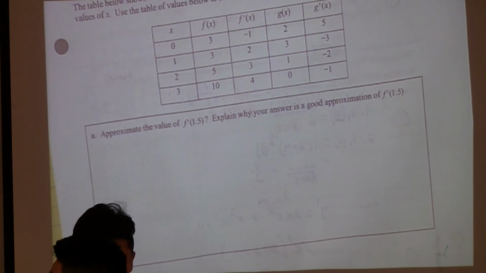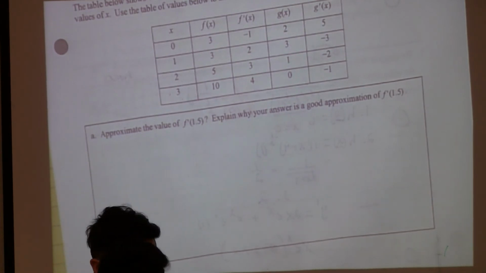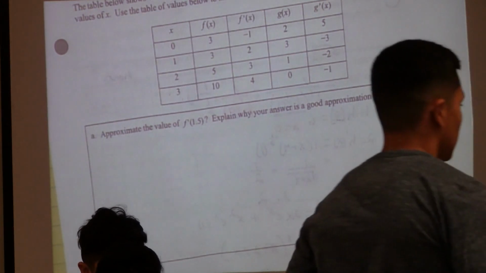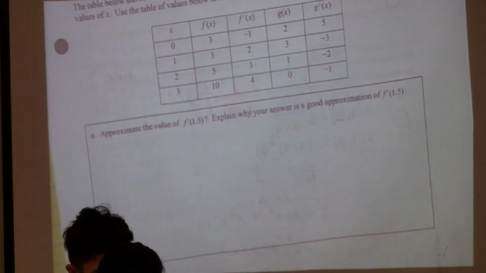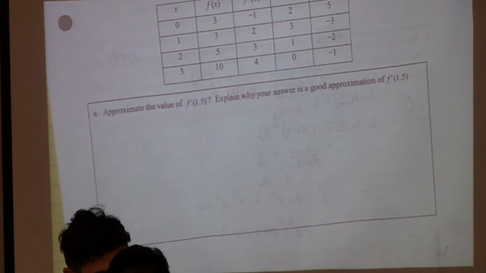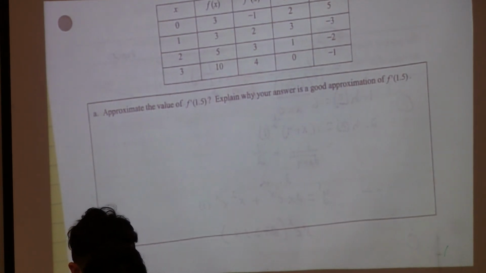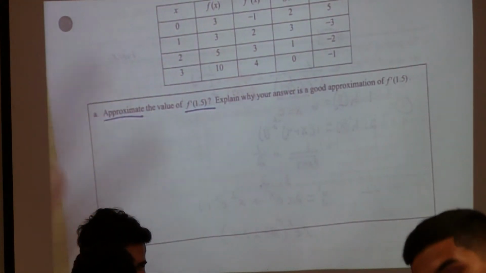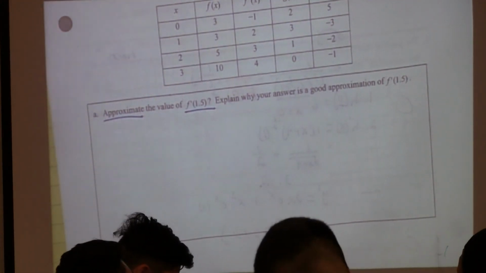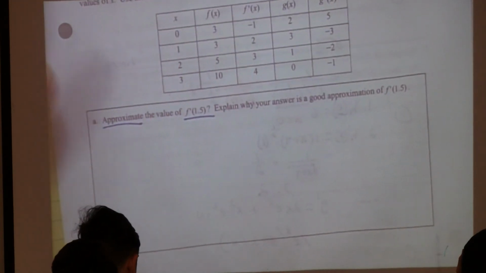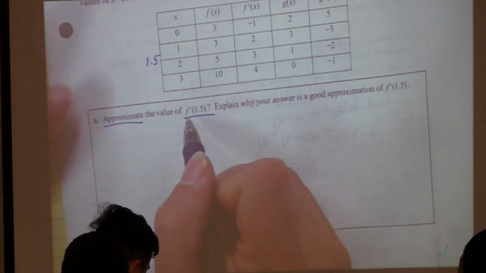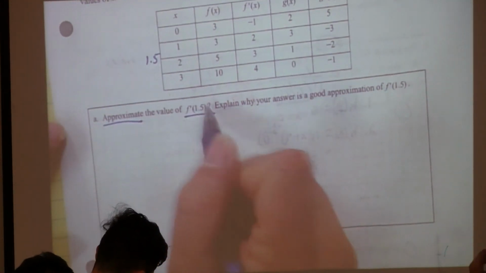Alright, so let's see. The table below shows the values of differentiable functions f and g and their derivatives at selected values. Letter A. Approximate the value of f prime of 1.5. So where would 1.5 fall? I know 1.5 is right here, and I'm paying attention to f, because I want to approximate f prime.